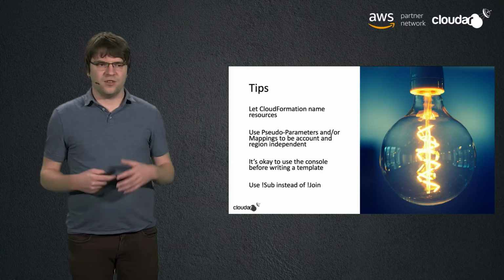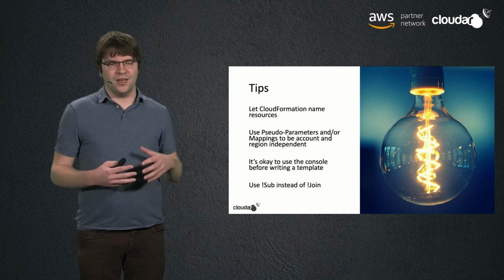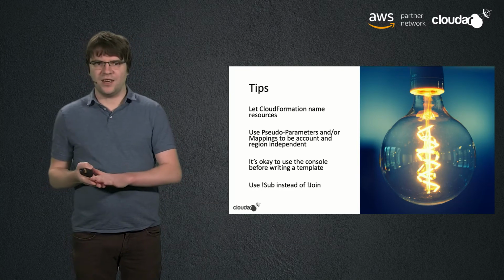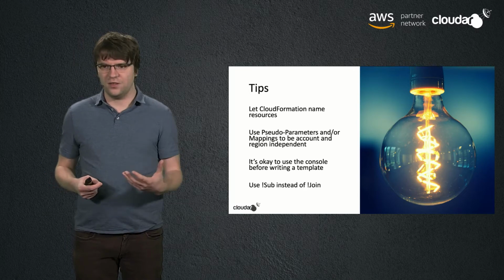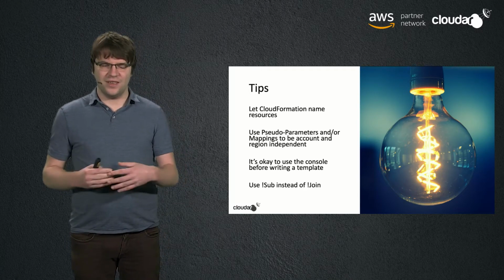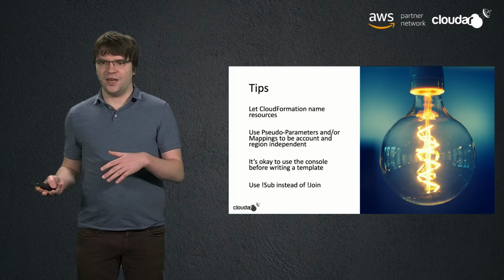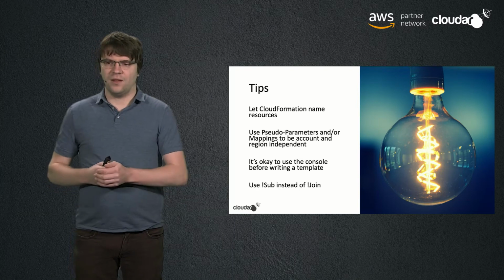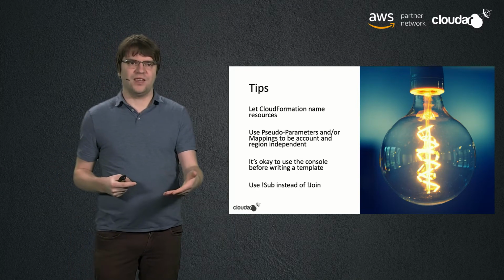It's important to keep in mind that it's most of the time not a mandatory parameter, and that CloudFormation can actually name those resources for you, and you should let CloudFormation do that if that's an option, because that will allow you a few things. One of them is some resources are either unique in a region, or unique in an account, or unique globally. If you let CloudFormation pick that name, then you know that it will not conflict with anything, and it will allow you to deploy the same template multiple times.